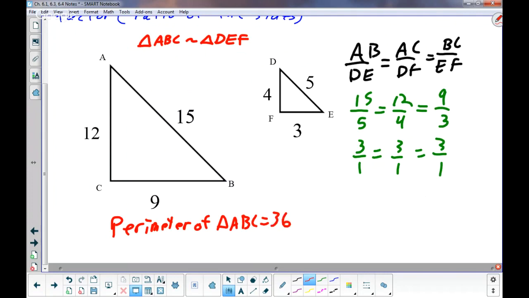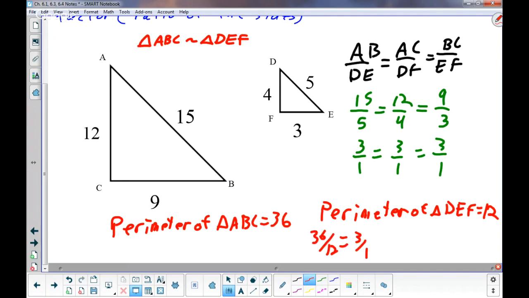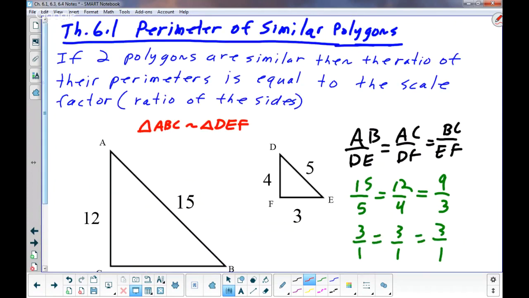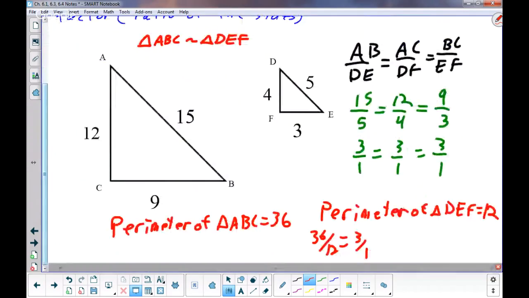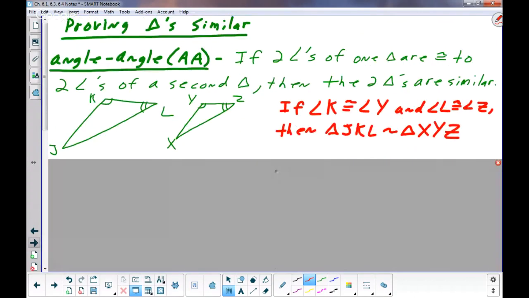Whereas the perimeter of triangle DEF is equal to 5 plus 4 plus 3, which is 12. And so we see that 36 over 12 is also 3:1. Thus, the theorem is true. The scale factor as the ratio of the sides is the same scale factor as the ratio between the perimeters. That works out every time. So if you know the perimeters, you can figure out the scale factor of the sides and vice versa.